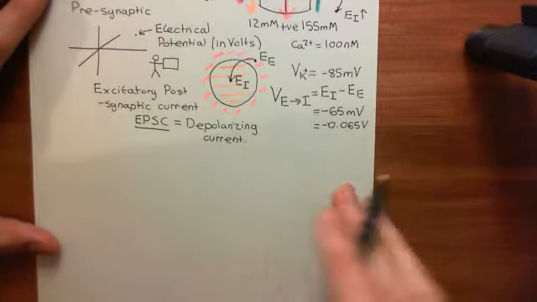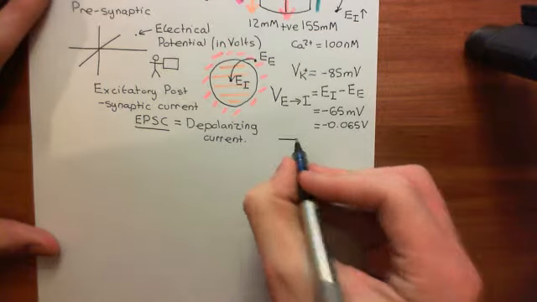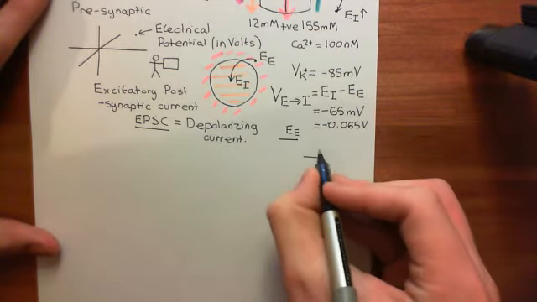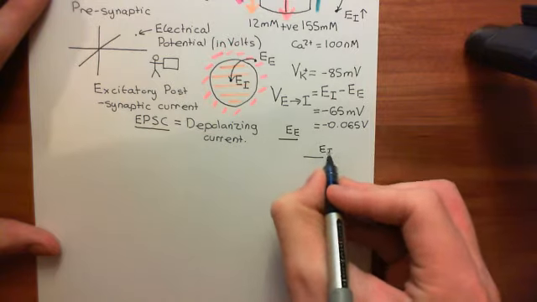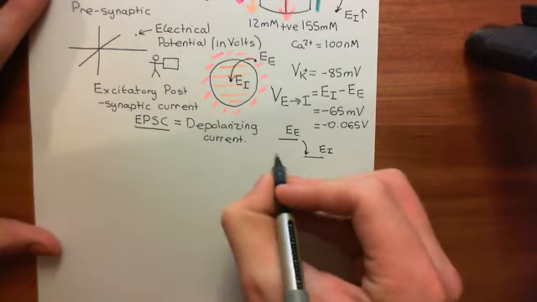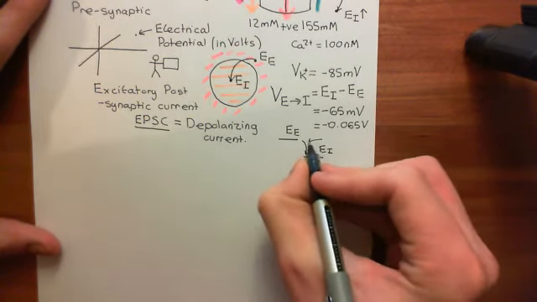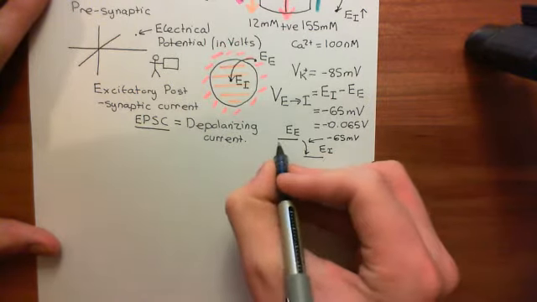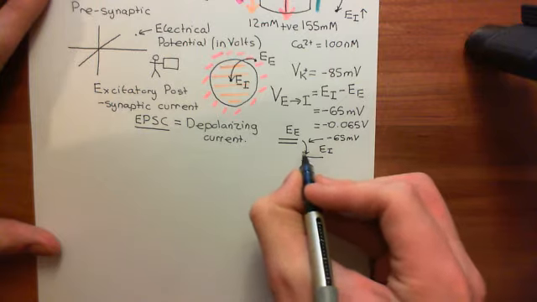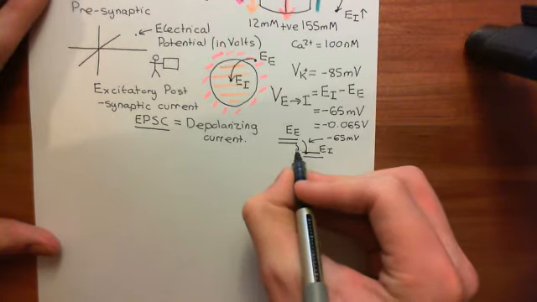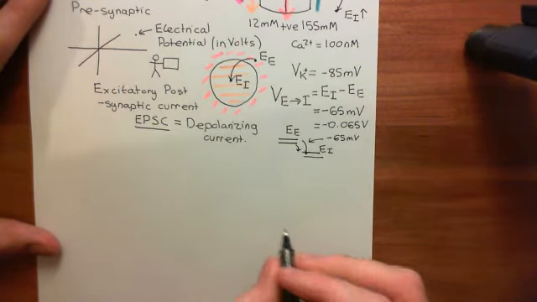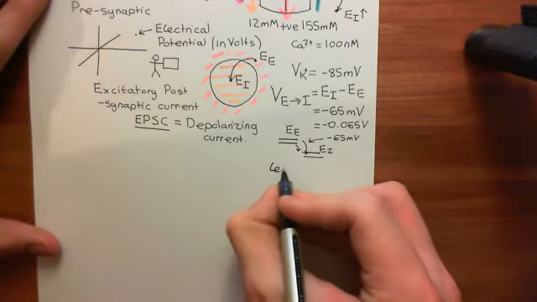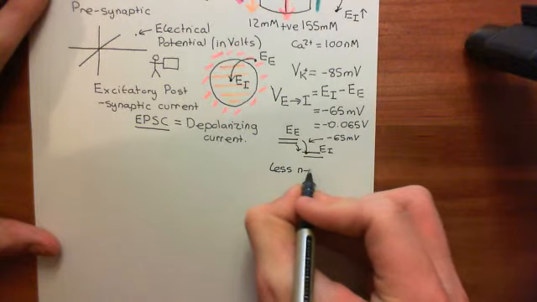So to draw a picture of this, if this is the electrical potential extracellularly, and this is the electrical potential intracellularly, previously we've been stepping down by negative 65 millivolts. But now what we're doing is bringing this number down here and this number up. So the amount that we're going to step down is going to get smaller. So the electrical potential difference across the cell membrane is going to become less negative.